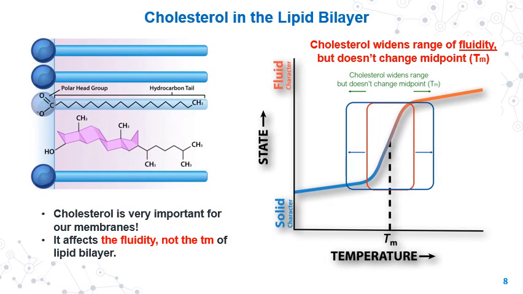So how is it that cholesterol is helping with some membrane function? As you see here, cholesterol is going to be put in the middle of your membrane. Here you see only one leaflet, one side of the membrane, so the other side is here.